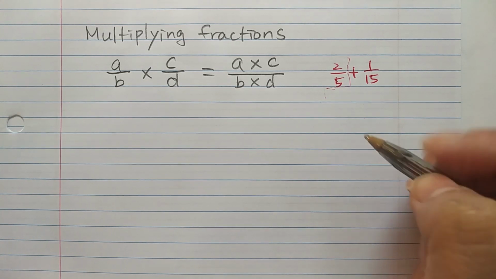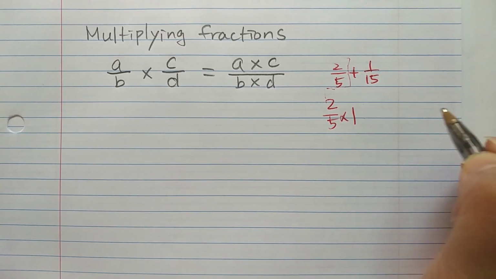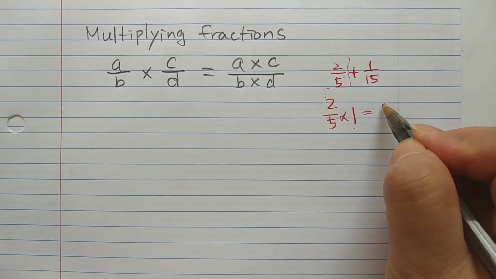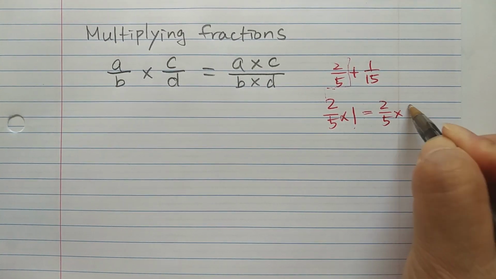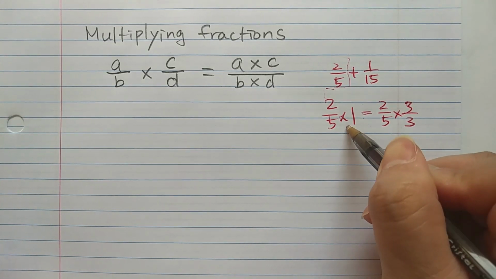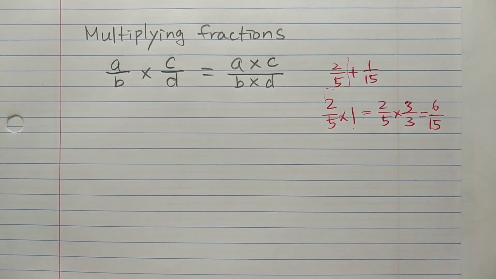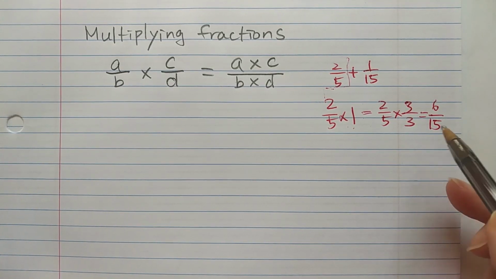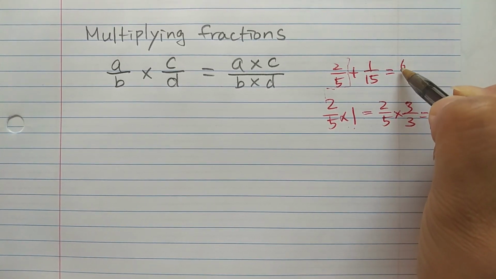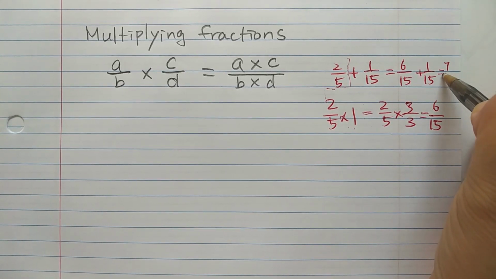We can multiply 2/5 times 1. Instead of 1, we multiply 3 over 3, which has the same value as 1, and this becomes 6 over 15, and that is the equivalent fraction of 2/5, and we were able to do the addition like so.